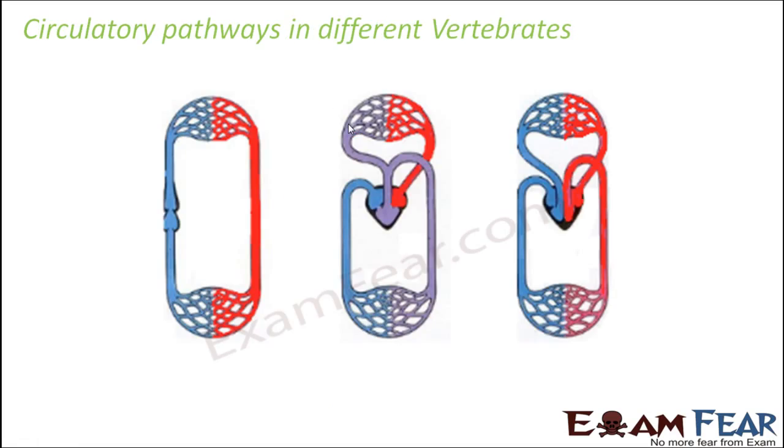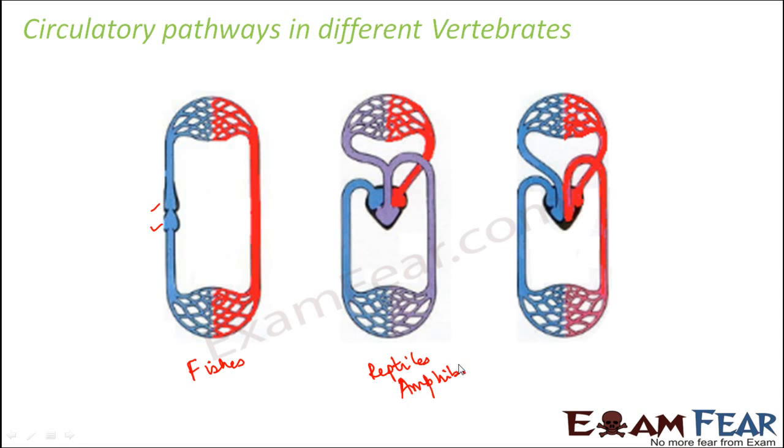So now that we have discussed all the circulatory pathways, let us have a quick review of where we started from. We started with fishes, reptiles and human beings, right? So I said that fishes have a two-chambered heart. So if you see, this is the two-chambered heart. Then we said that the reptiles and amphibians, except the crocodiles, have a three-chambered heart.